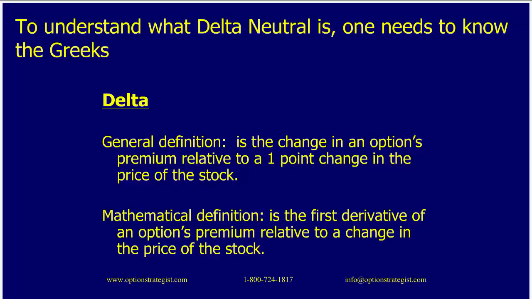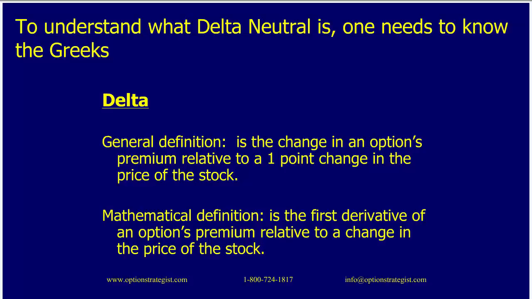But what I'm going to talk about now are just the Greeks that we need for this particular kind of strategy I'm talking about. Okay, so the first of the two Greeks, delta and gamma.